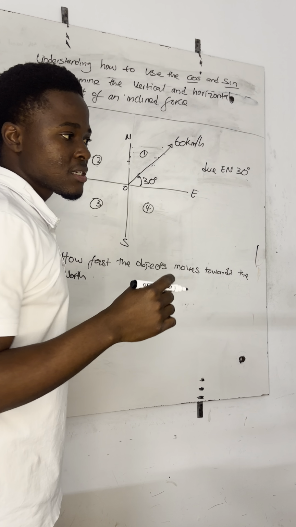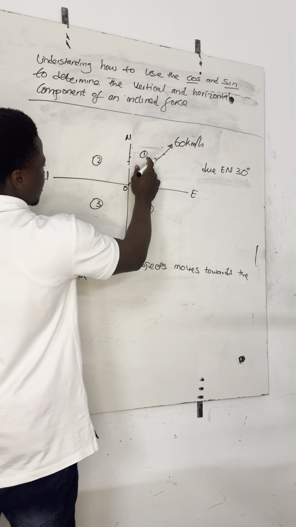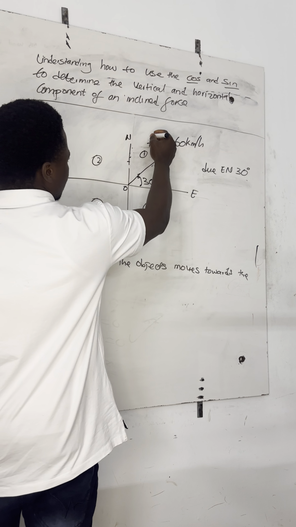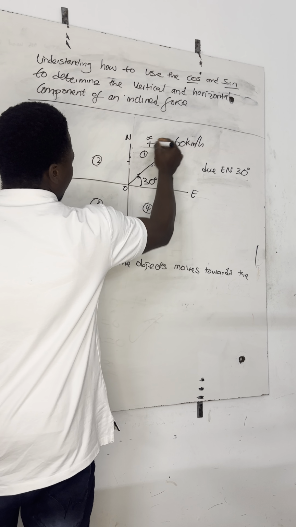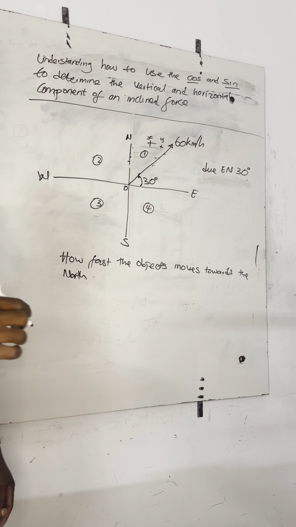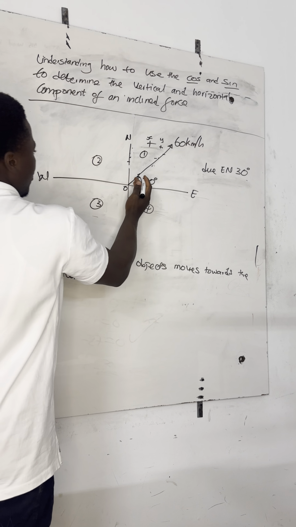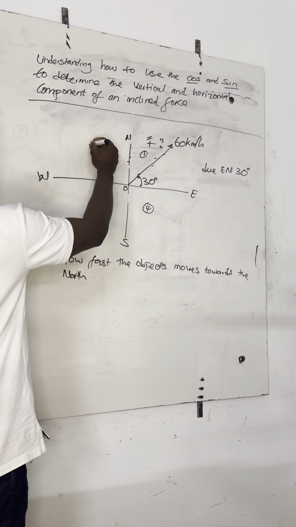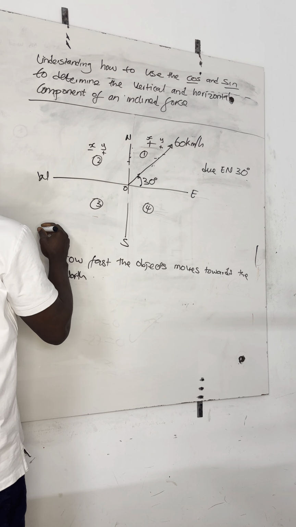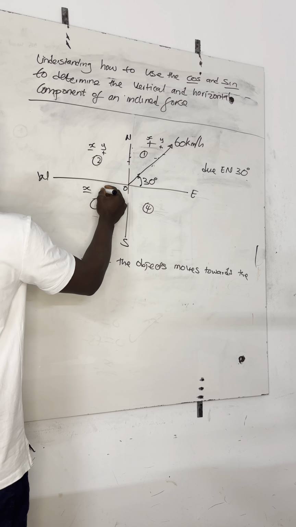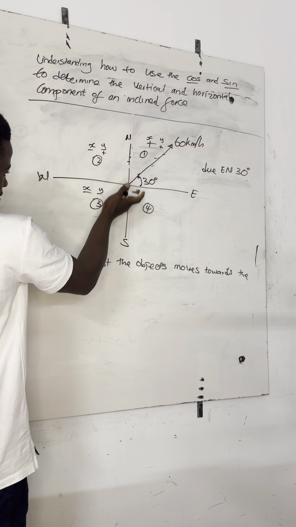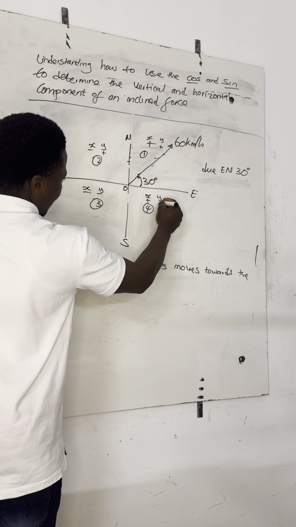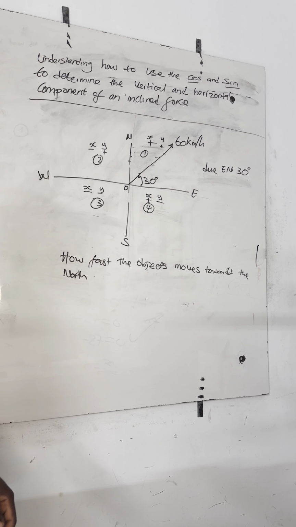In the first quadrant, you have both x and y positive. Now, in the second quadrant, remember it has crossed this line for x, so it's coming this direction. So here it has to be x negative, y positive. Then here it has to be x negative, y negative, because it has crossed y negative. Here it has to be x positive and y negative. That is it.